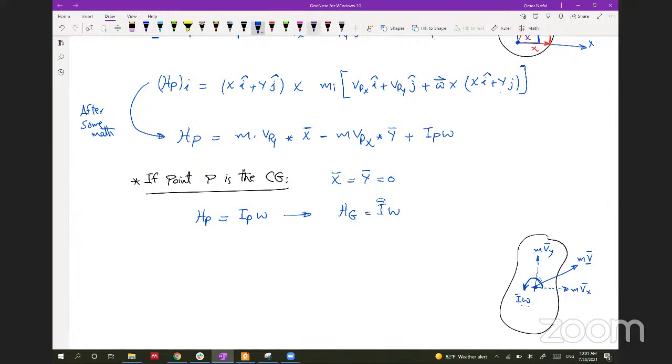If you want to have the angular and linear momentum at any point P, let's assume that we need the angular momentum at point P here.